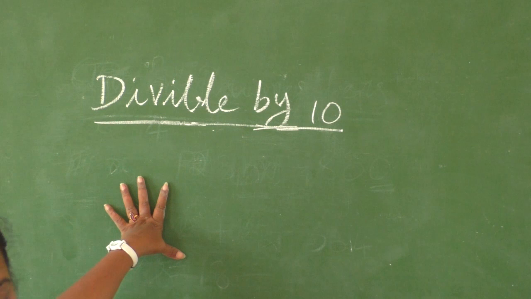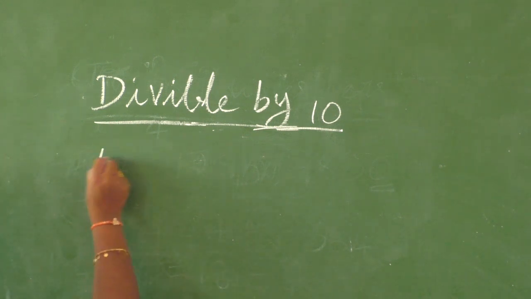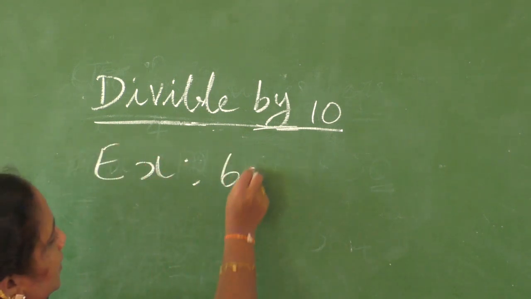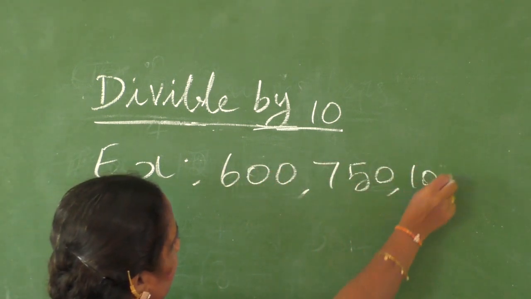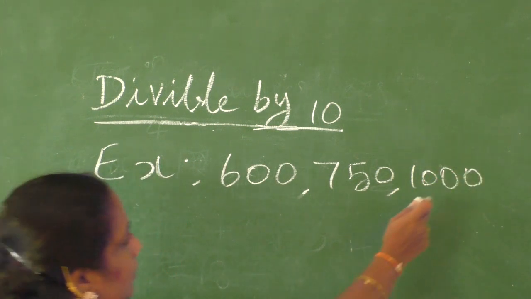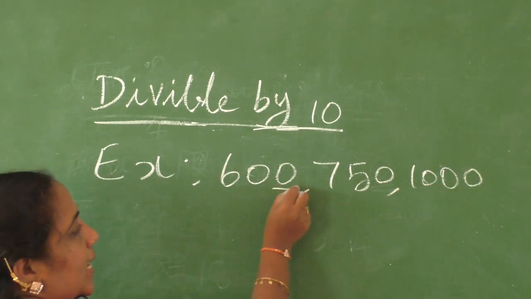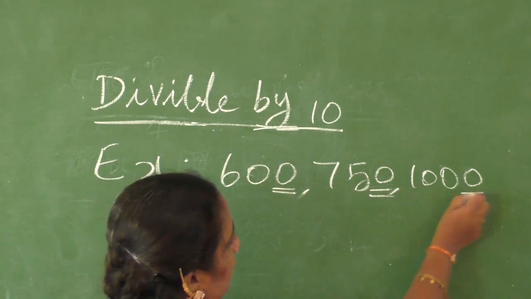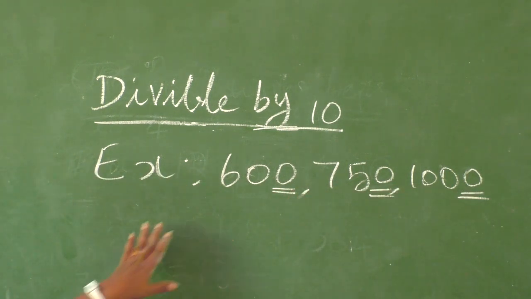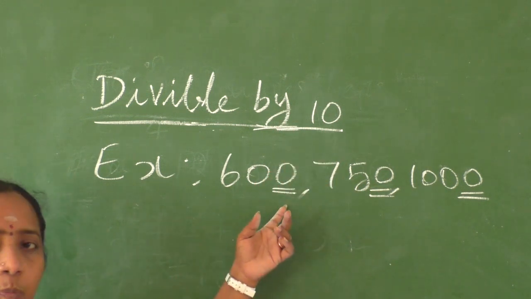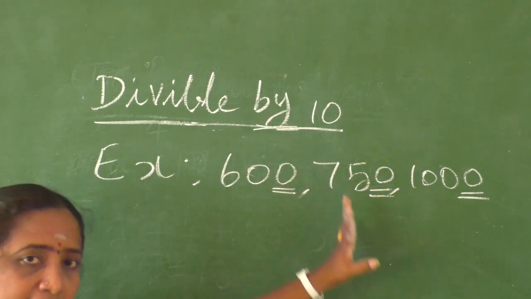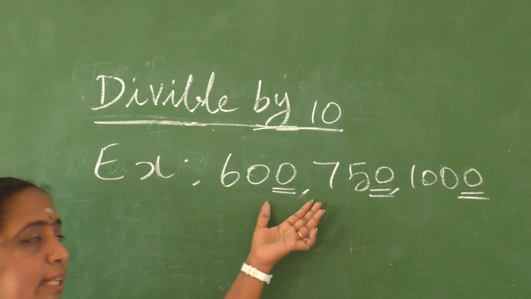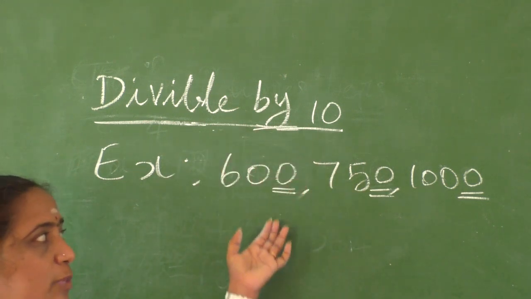For example, 600, 750, 1000, anything like that. What is the rule? The ones place will be 0. Only then will the whole number be divisible by 10. Divisible by 5 means the ones place is 5 or 0. But divisible by 10 means only 0 in the ones place.